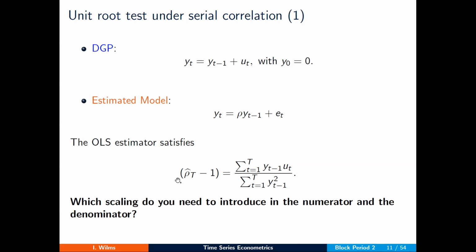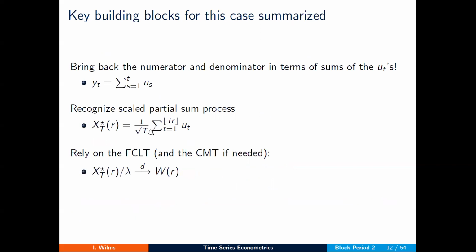What are your key building blocks to determine the appropriate scaling in numerator and denominator? Well, first, we need to rewrite our numerator and denominator in terms of sums of the u_t's. Remember from the DGP that we know that y at time point t can be rewritten as the sum of the first t error terms.